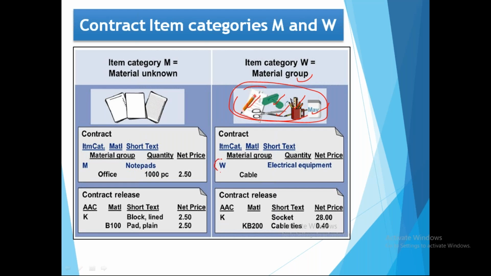So you create with item category W. Now, when you are creating the actual contract release order, you can enter the exact material. That is also possible, provided all these materials belong to the same material group. So this is how you can create a contract with item categories M and W, material unknown or for a material group.